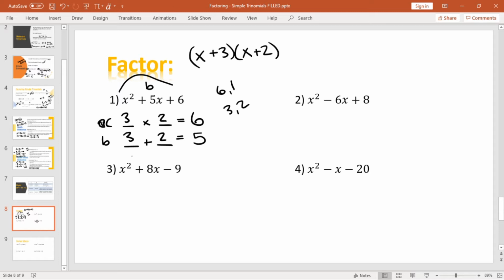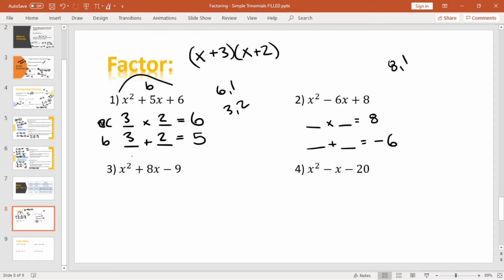All right, let's look at number 2. I need to multiply to 8, positive 8, yet add to negative 6. So I see that C is positive and B is negative. So I'm looking for two negative factors. Factors of 8, I'm just going to think about what those are.